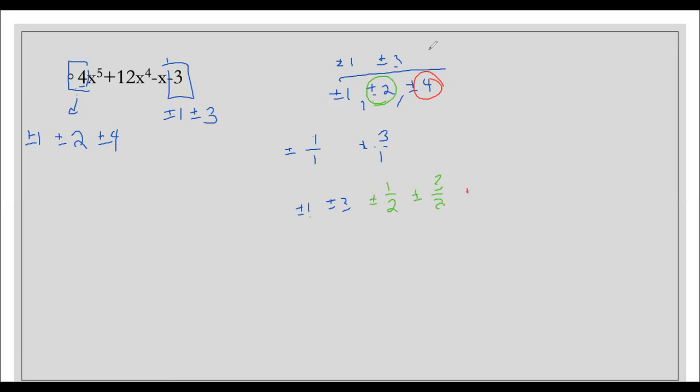From 4, we have plus or minus 1 over 4 and plus or minus 3 over 4. So this is the set of numbers where we can look for our rational zeros. Square roots and imaginary numbers aren't going to be included in here, but our rational zeros will be one of those numbers.